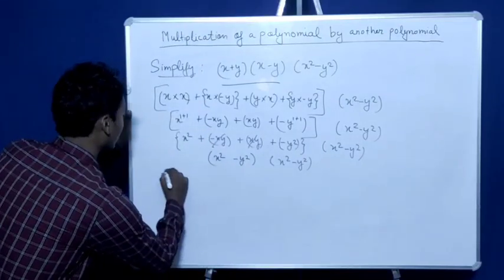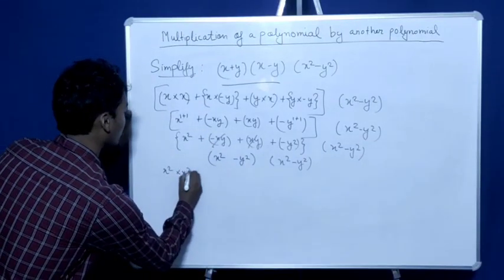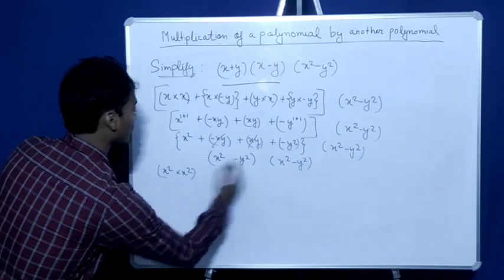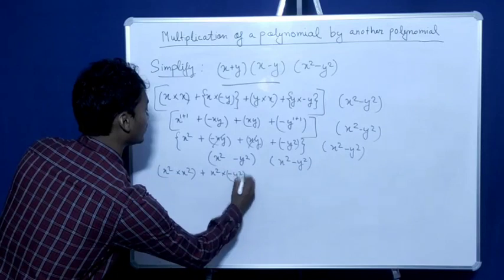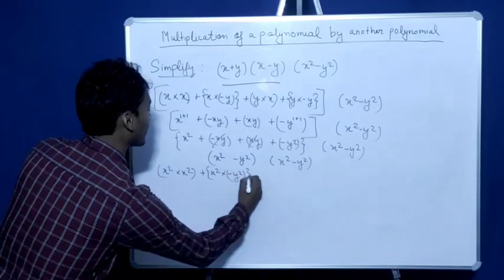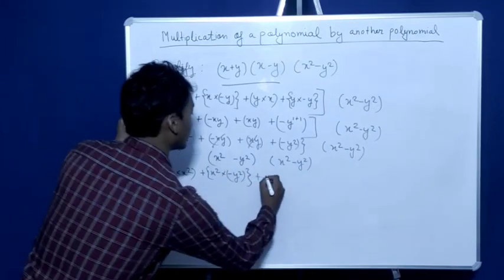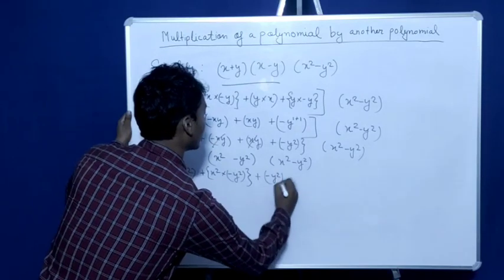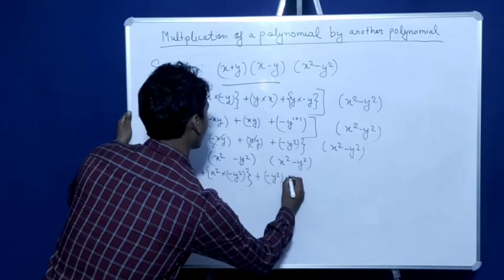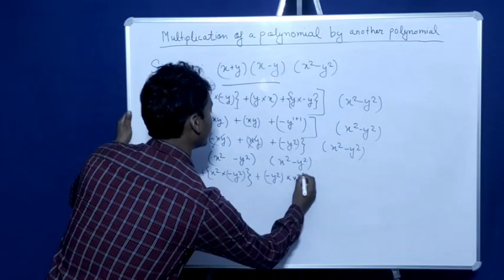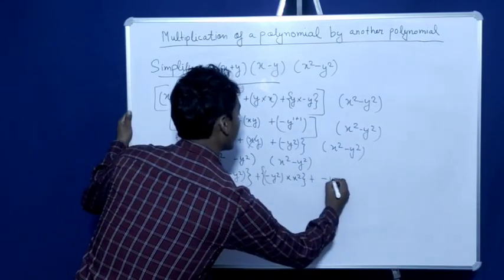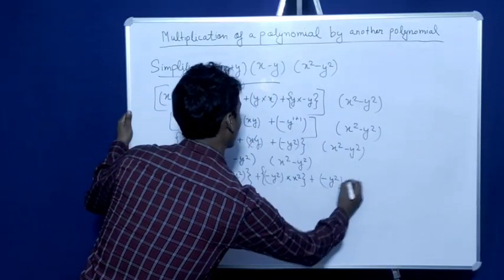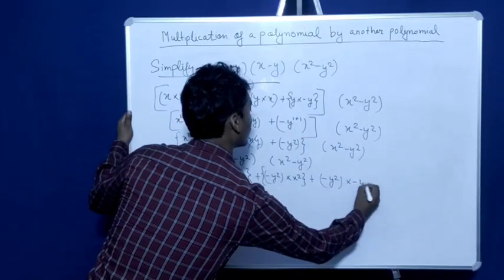So now let's multiply. So x square times x square, then plus x square times negative y square, plus negative y square times x square, plus negative y square times negative y square.